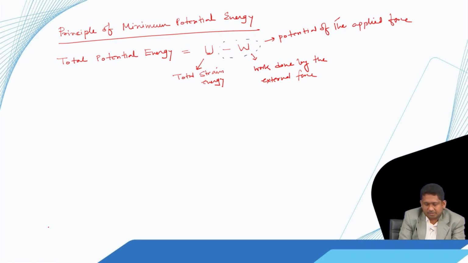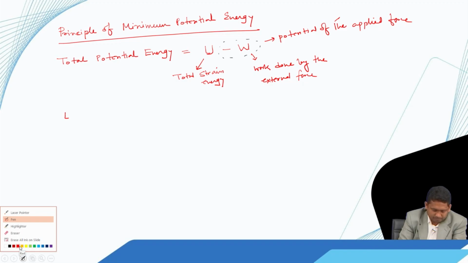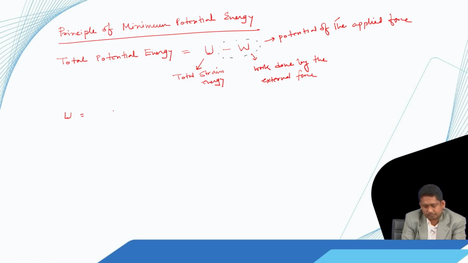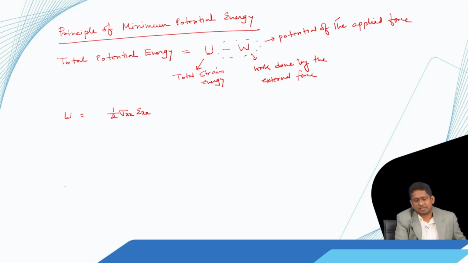So, U is going to be half multiplied by stress into strain, which is the strain energy density, and then if I integrate, that becomes our total strain energy.